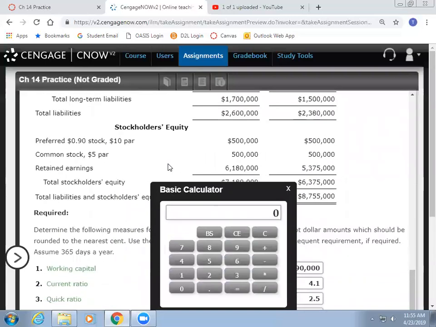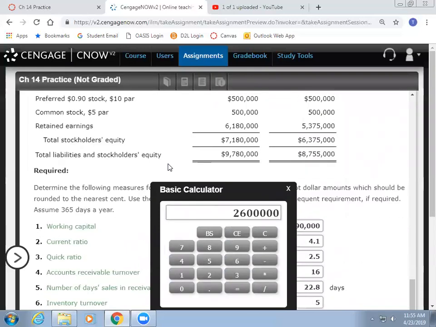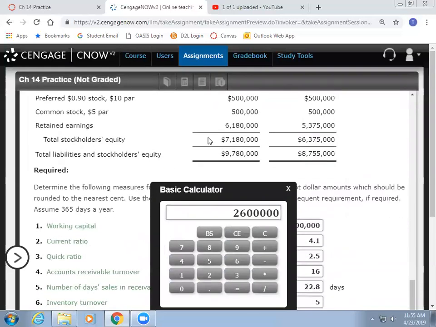Total liabilities, 2,600,000. Do I have enough zeros? Yes. Okay. Divided by total stockholders' equity of 7,180,000. Okay.